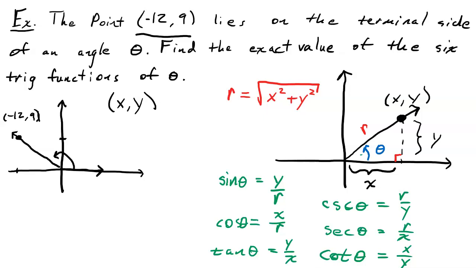Now, for a general angle whose terminal side has a point, xy, these are going to be the trig functions of that angle theta, no matter what. So looking back at our example, we have a point -12, 9, and we want to find the exact values of the 6 trig functions of theta.